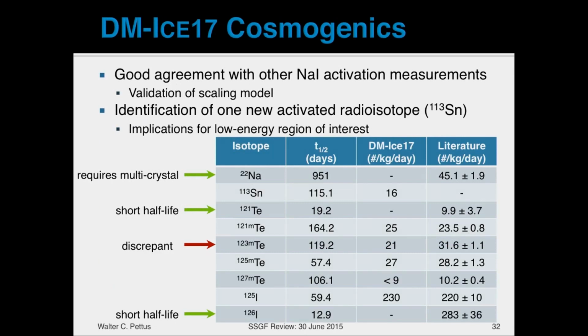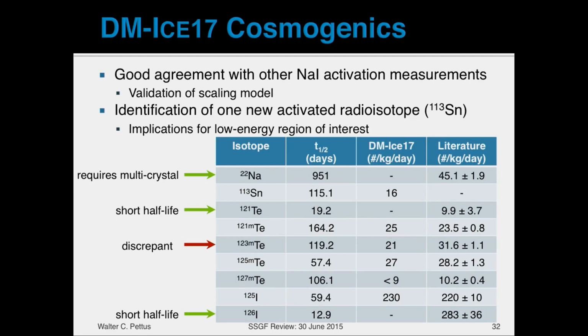So then if you think about the summary of the science that we got out in terms of cosmogenic activation, compared to the one other experiment which has done a similar measurement, we saw all of the activation products that we expected. The ones that we didn't see weren't accessible for our detectors because we didn't start taking data soon enough, or this one required a multi-crystal veto.